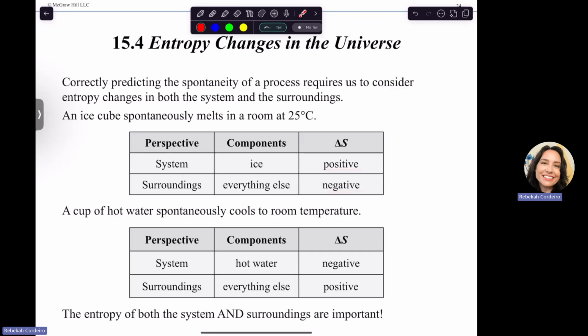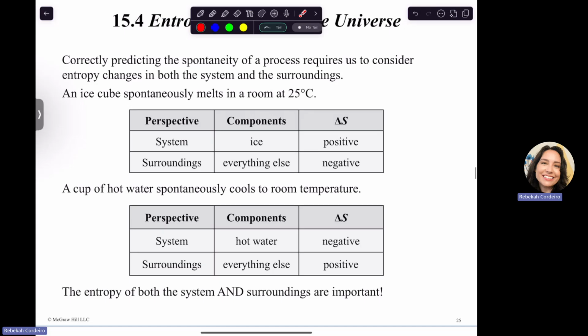If an ice cube is melting, then the particles that used to be more free or warmer are now cooler because the ice melted. So melting is endothermic, which means the surroundings were exothermic. They now have less energy than they used to have, so that's a negative change.